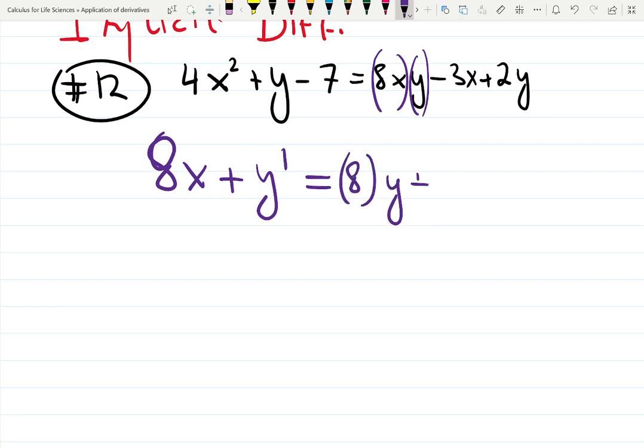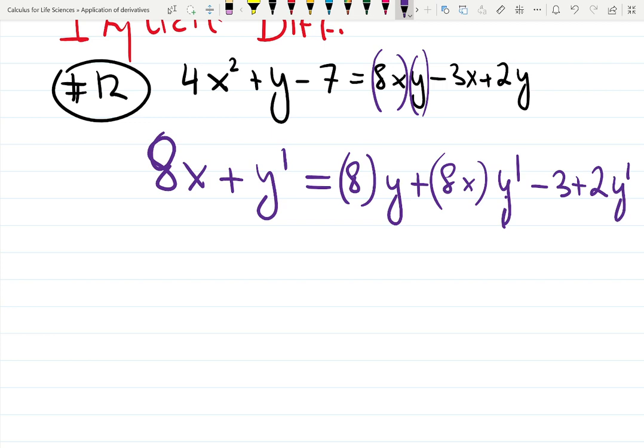Copy y plus copy 8x, differentiate y. Derivative of y is y prime. Minus 3 plus 2, 2y, y prime.